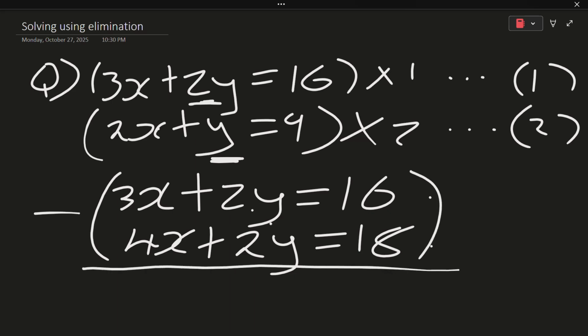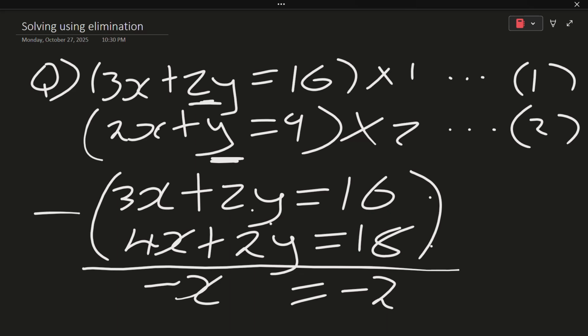So 3x minus 4x will give us negative x, and 2y minus 2y will give us 0. We don't write anything, that's a 0. And on the other side of the equal sign, we have 16 minus 18, that's minus 2.